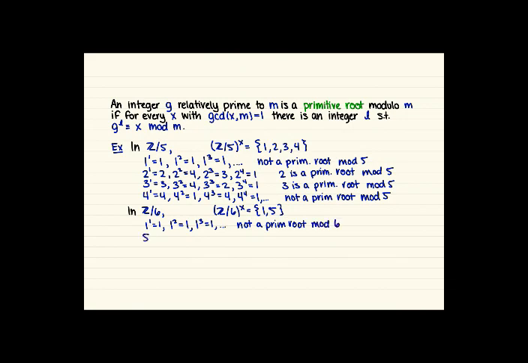But if we look at 5, 5 to the 1 is 5, and 5 squared is 25, which is 1 mod 6. So we've gotten both 1 and 5, so we've gotten everything in the group of units, so that means 5 is a primitive root mod 6.